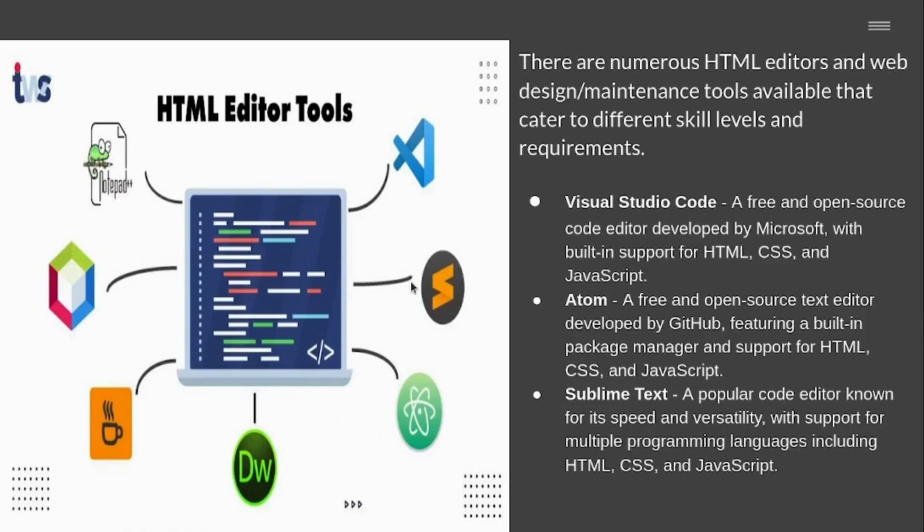We also have Sublime Text, which is a popular code editor known for its speed and versatility, with support for multiple programming languages including HTML, CSS, JavaScript. HTML, CSS, and JavaScript are the most popular front-end development tools. We also have Adobe Dreamweaver, which is a comprehensive web design tool that offers both visual and code editing.